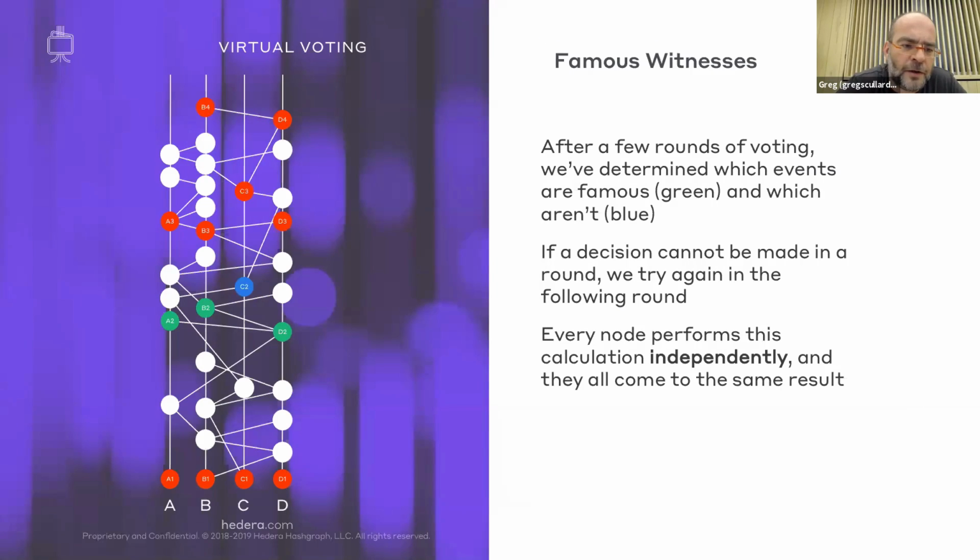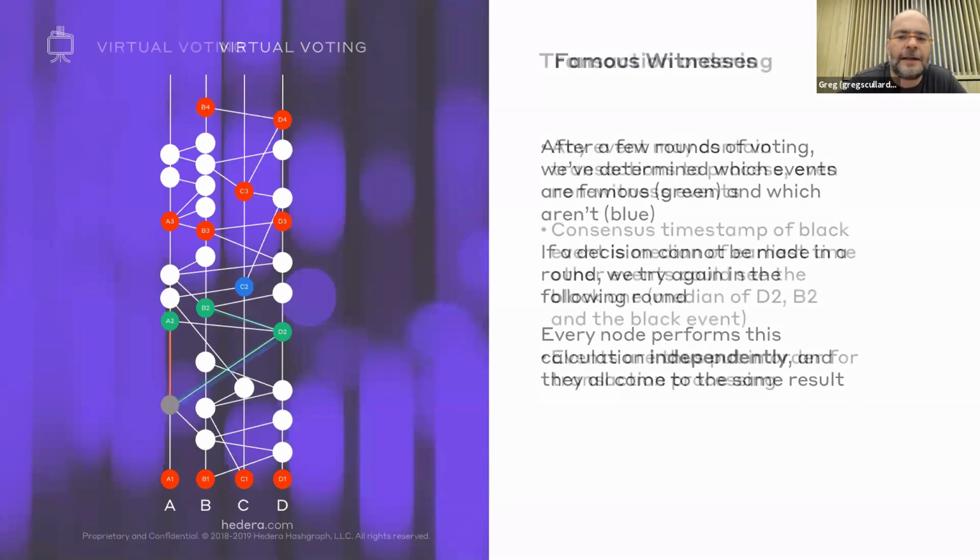It will eventually happen through additional rounds, and that will eventually resolve itself. But again, every node does this completely independently, and that's what's so special about virtual voting and Hashgraph.